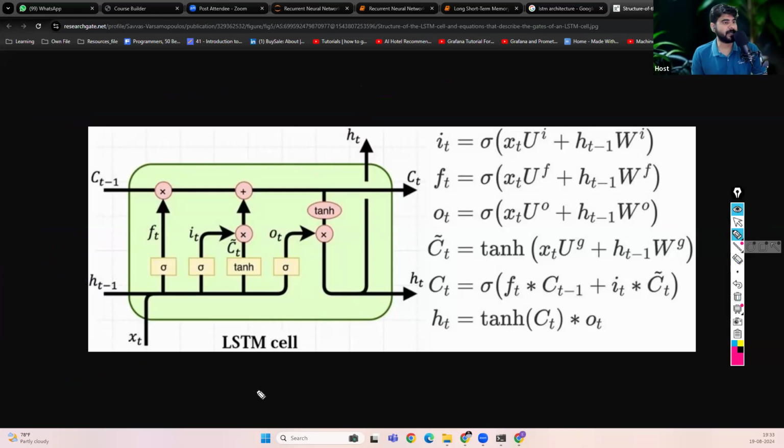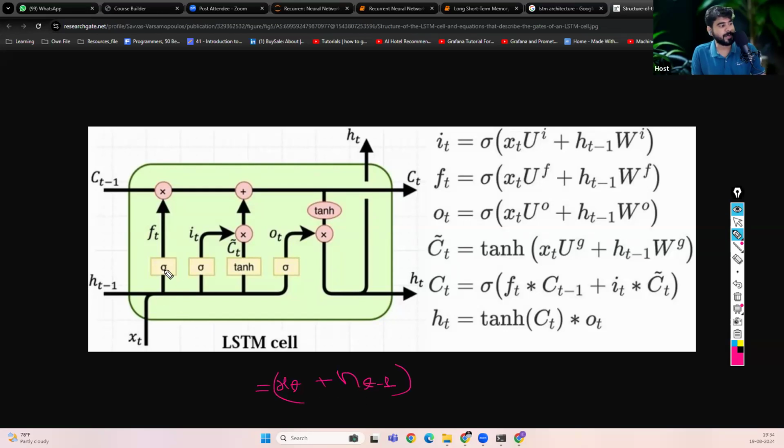Here we are sending the data x of t plus h of t minus 1: current input plus previous output as input.